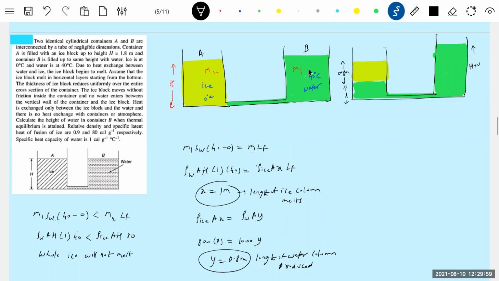That L should be equal to Y, no? This Y length of water column, in that some L1, I'll write it, sorry, L1, water, ice, water, 0 degrees Celsius, 0 degrees Celsius.